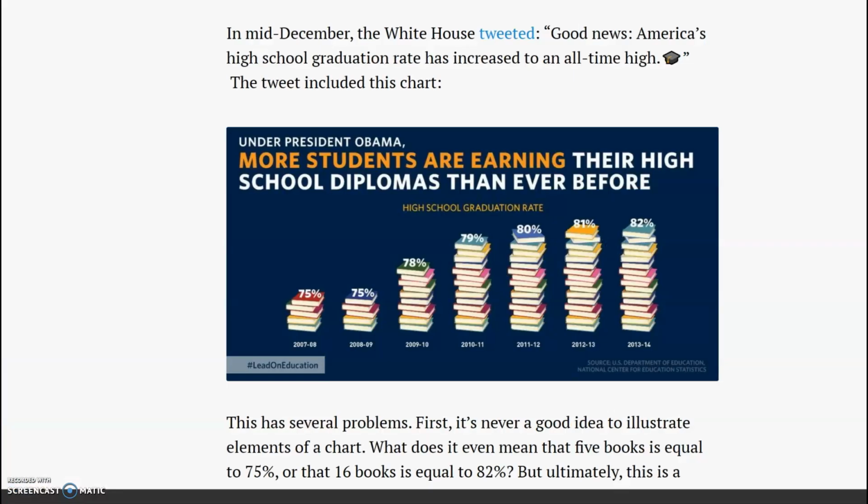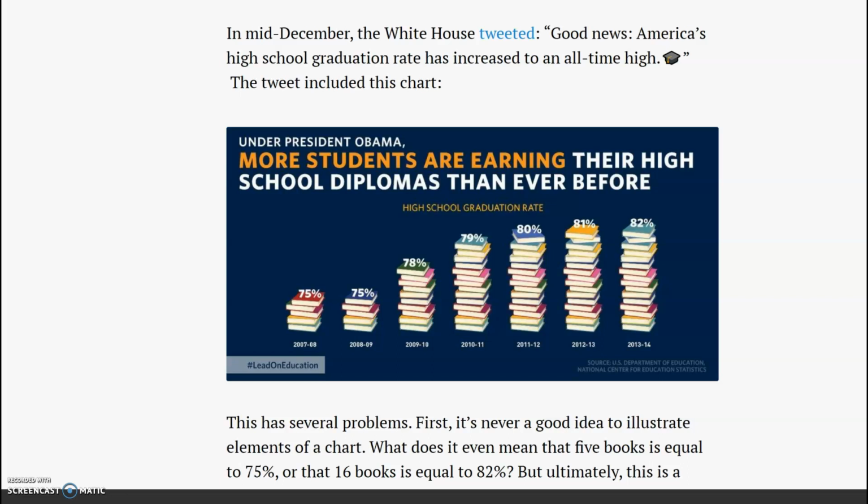Okay, so if we look at this right here, looking at high school graduation rate. Now compare this 75 to this 80. It's only a 5% difference between these two. But this category here looks so much bigger than this one right here because it has so much more area than over here. Now, this is 3-dimensional right here.